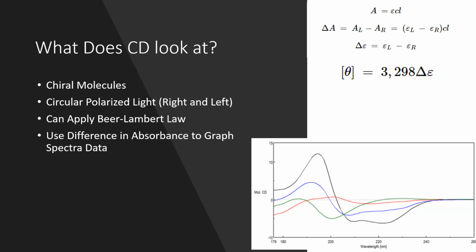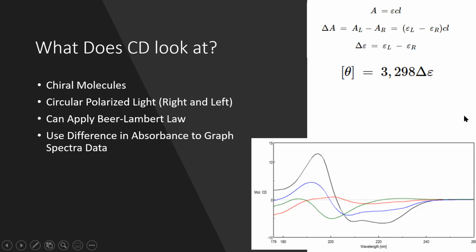These optically active molecules absorb polarized light in either the right, or clockwise, circular rotation, or the left, counterclockwise, circular rotation. And they absorb these at different amounts. It's different between the left and right absorption of these optically active molecules, and this difference can be used to determine the identity of certain chiral molecules.